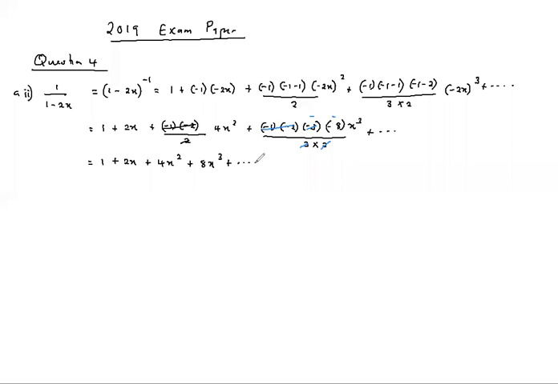And then from there, now we state the range of values of x for which this is valid. Okay, so we get the inside and take it in the modulus.